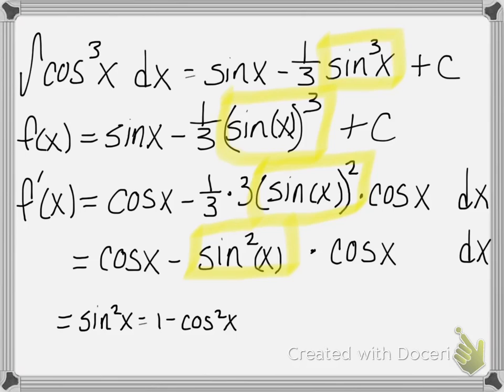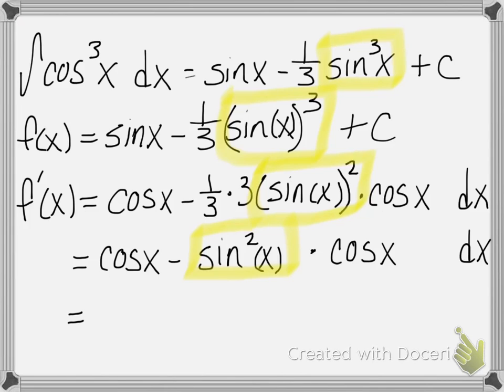And that's because whenever you have the unit circle, cosine squared plus sine squared is equal to 1. If you want sine squared by itself, you just subtract cosine squared from both sides, and so sine squared x is equal to 1 minus cosine squared x. So that's just a handy little tidbit that's going to help us out on this equation.